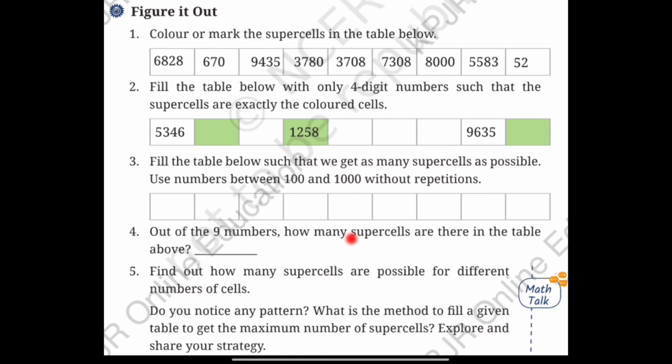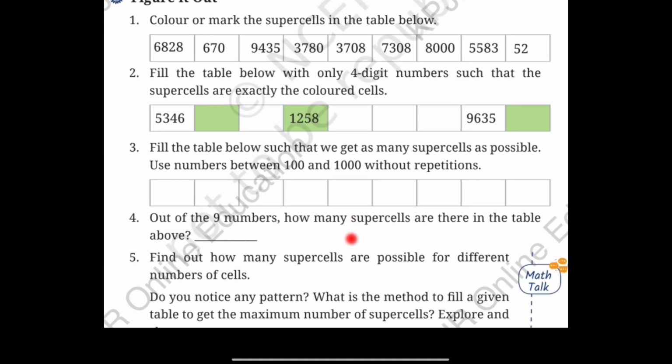So I've already told you a supercell is greater than both its neighbors. So as supercells are greater than both their neighbors, we have to see all the grids. Okay, so if you see the cells, totally 9 cells are there. One, 2, 3, 4, 5, 6, 7, 8, 9.